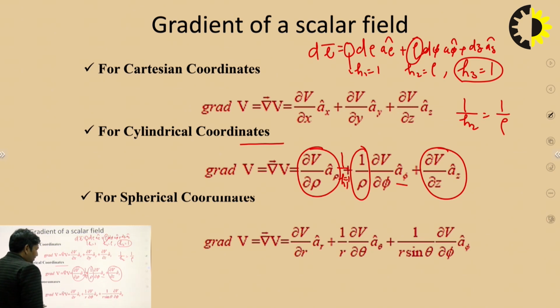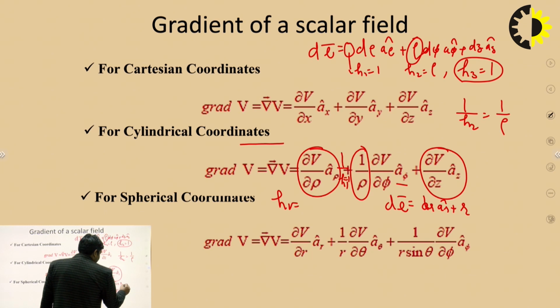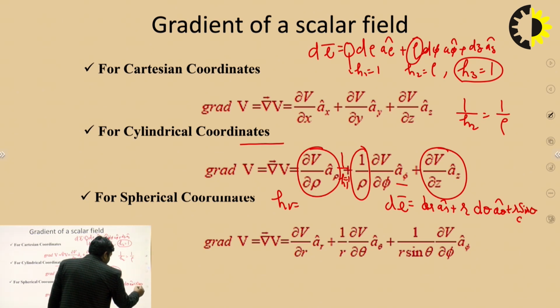In a similar fashion, we also calculate the gradient of v in the spherical coordinate system, where the differential lengths are dr ar plus r d theta a theta plus r sin theta d phi a phi.